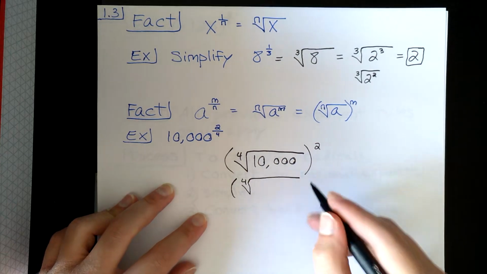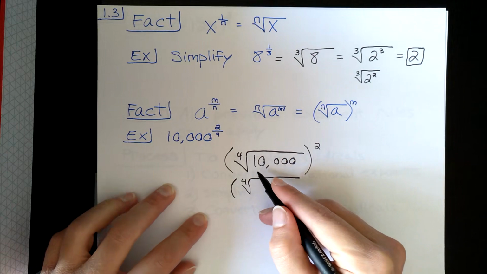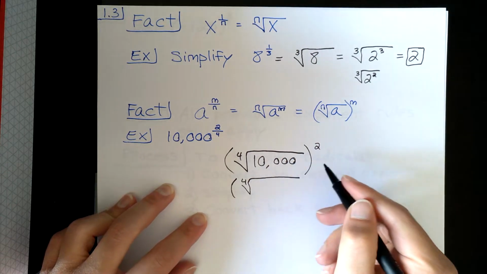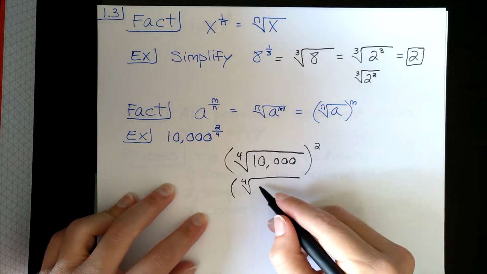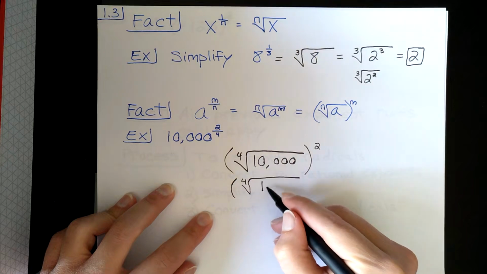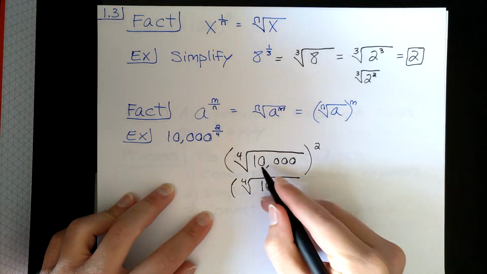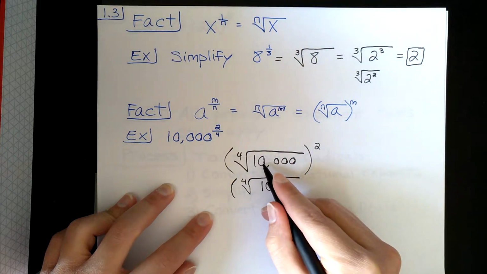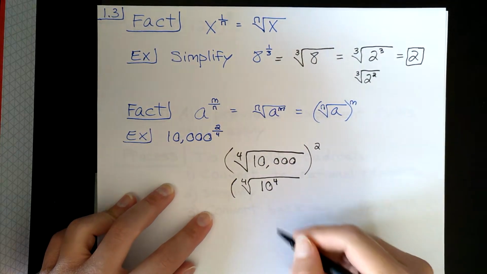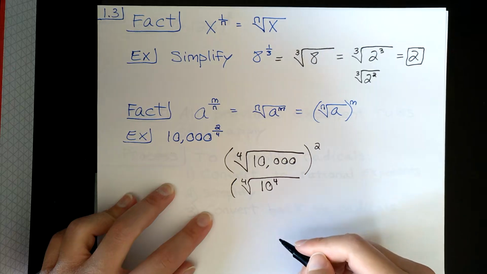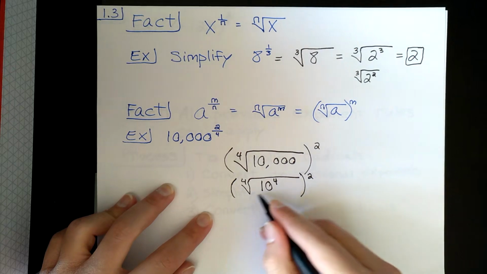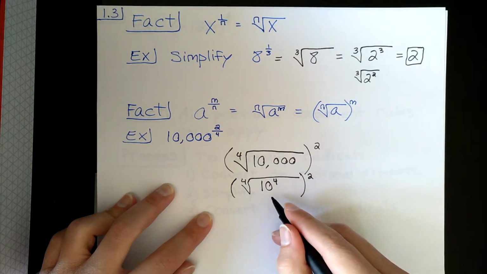there's a trick whenever you're working with some number that's either 10, 100, 1,000, 10,000, 100,000, a million, and so on, anything like that. You just count the number of zeros you have. You take 10 and raise it to that power. So 10,000, we'd have 1, 2, 3, 4 zeros. So that's 10 to the 4th power. And now notice this is going to simplify.